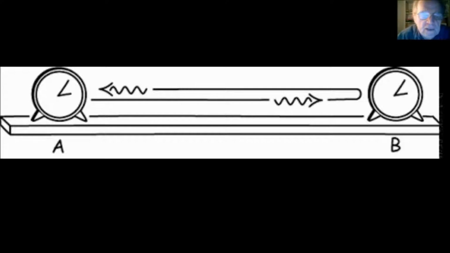Here we're going to try and synchronize clock B with clock A. We send out a light signal from clock A to clock B, and it's reflected back to clock A, and A records the total time of transit out to B and back to A as 2 seconds.